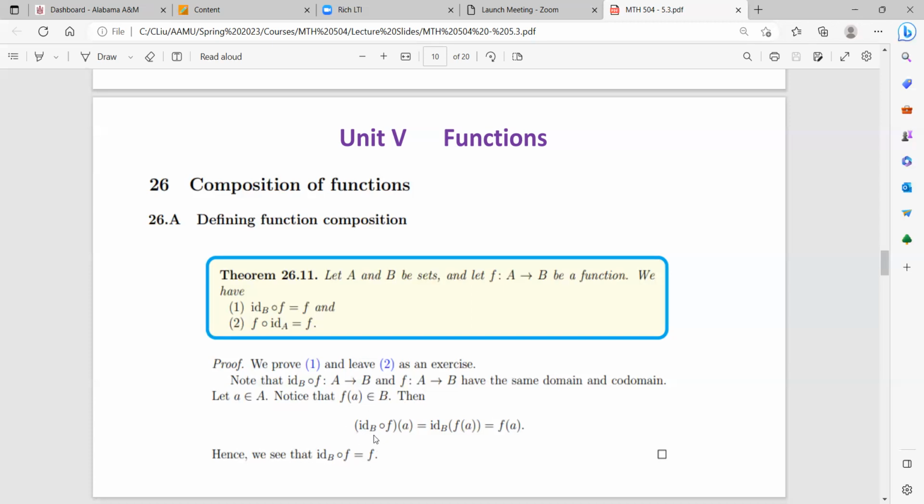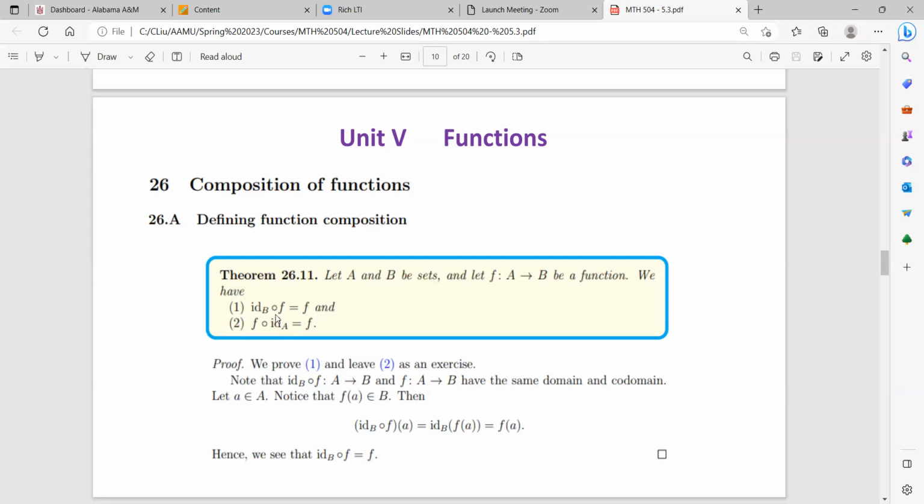So we have the first result, and you can easily show the second result similarly. These two combine to tell us the identity function does not do anything to a function.